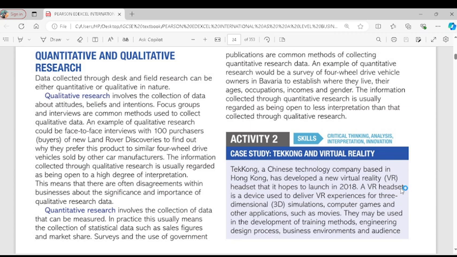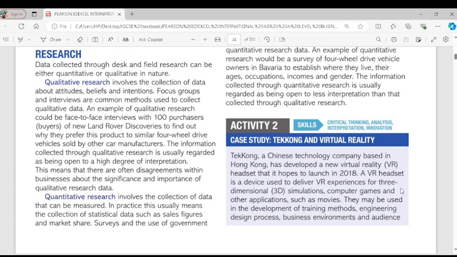The information collected through qualitative research is usually regarded as being open to a high degree of interpretation. So it is qualitative because we are asking why, what, how, when. We are asking about these things. You've made a decision. Why did you make such a decision? This is qualitative.